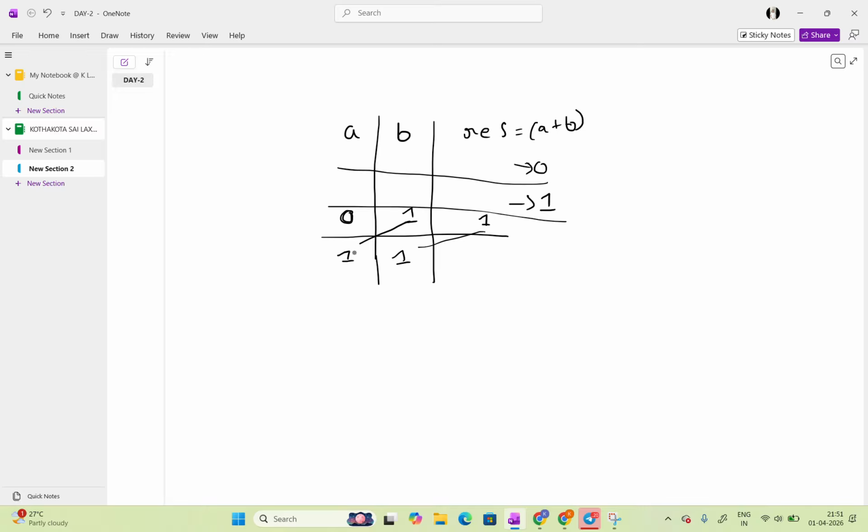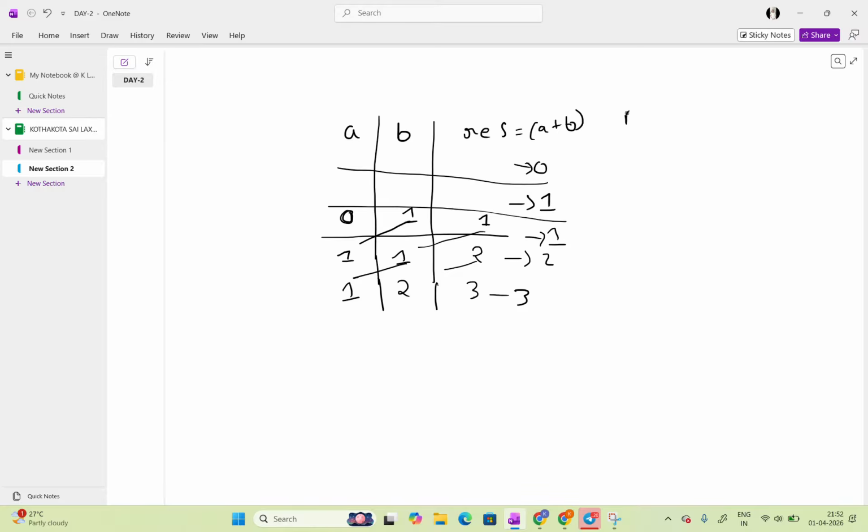So 1 plus 1, what do we get here? 2. Similarly, b will be copied to a, so here it will be again 1, and b will be 2. 2 plus 1, what do we get? 3. Here output is 2 and here output is 3, and here also output 1.